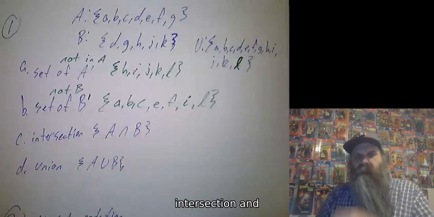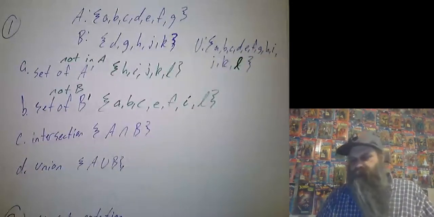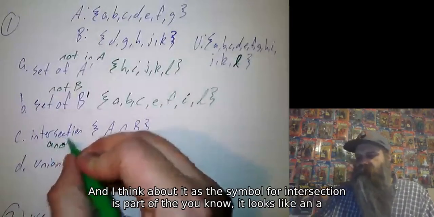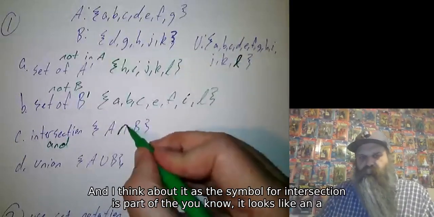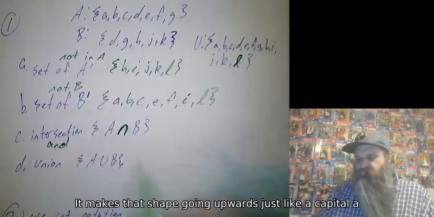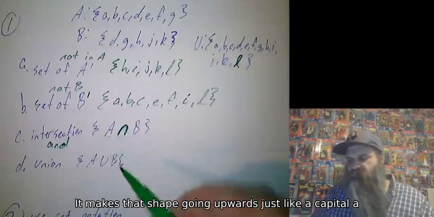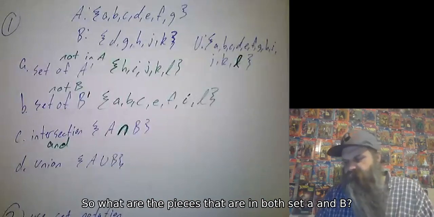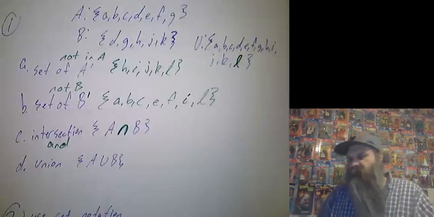And then we get into intersection and union. The intersection is the and. And I think about it as the symbol for intersection looks like an A. It makes that shape going upwards, just like a capital A. So what are the pieces that are in both set A and B?